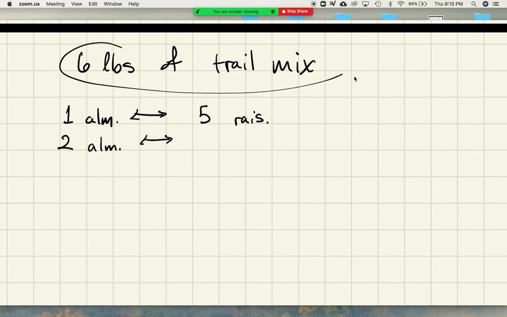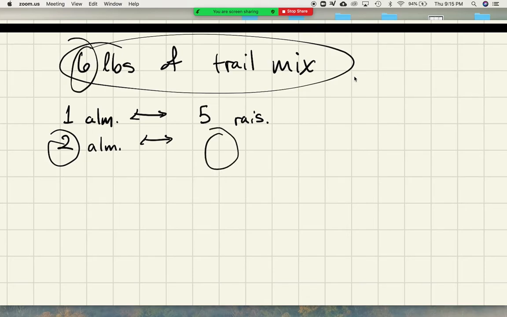No, it has to add up to 6, so 1 plus 5 is 6. 2 plus what will give you 6? That's what it has to add up to, because the total pounds of the trail mix is 6 pounds. So 2 plus what gives you 6?